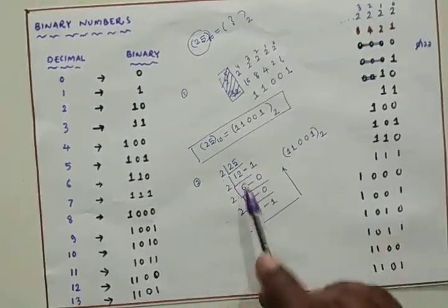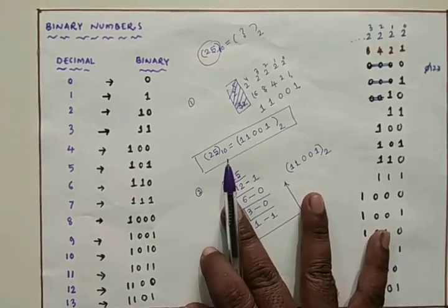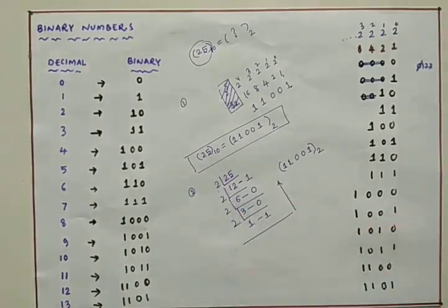Otherwise, you divide the number by the required base. Here the required base is 2, so we successively divide the given decimal number to convert it into binary form. In this way, we can convert any decimal number into binary form.